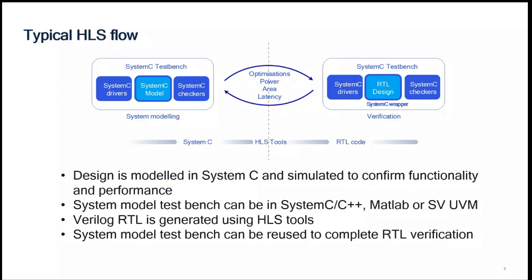This slide gives a quick overview of a typical HLS flow. On the left-hand side, we have the SystemC-based design, and we take it to the HLS tools, and then we get RTL code for that SystemC design. The advantage here is that we can do early system validation using SystemC. It can be a SystemC test bench; it does not need to be a UVM test bench. We can also use a UVM test bench, or MATLAB. That way we can do most of the algorithm development in SystemC.